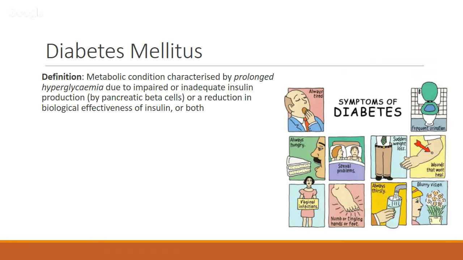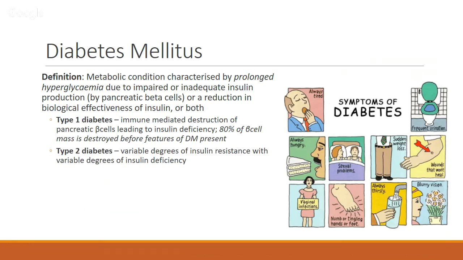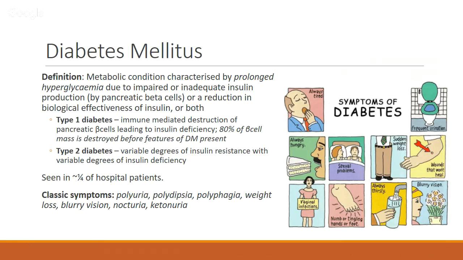Okay, so diabetes mellitus means sweet urine. They used to test this by tasting urine to test whether you're sweet. And it's distinguished from diabetes insipidus because insipidus means tasteless, and it's caused by a different thing. So diabetes mellitus is prolonged hyperglycemia. There's type 1, type 2, and also gestational diabetes, which I won't cover.